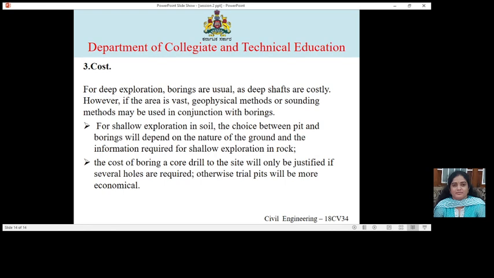For shallow exploration in a rock, the cost of a core drill to the site will only be justified if several holes are required. Otherwise, trial pits will be more economic. So this is how the cost depends on the type of the method.